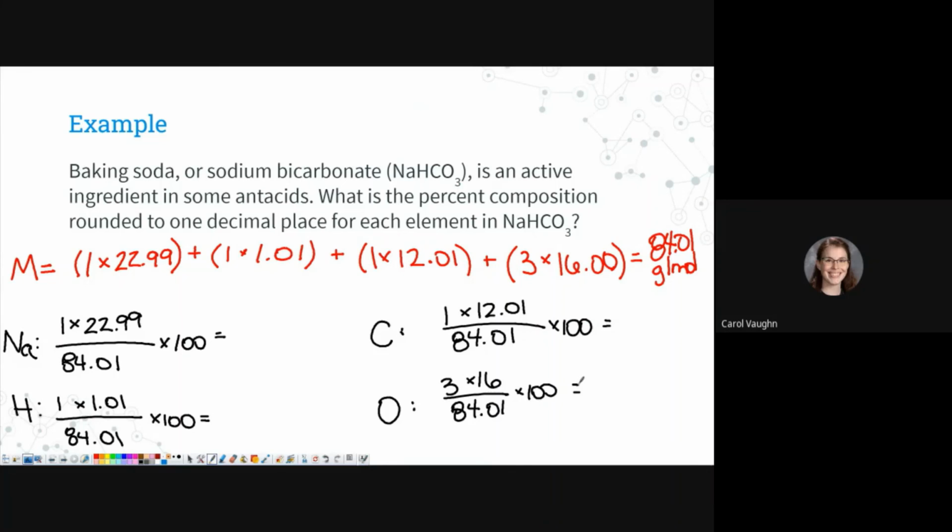And then we don't have to worry about sig figs because in these problems, I'll tell you how many decimal places I want you to round it to.